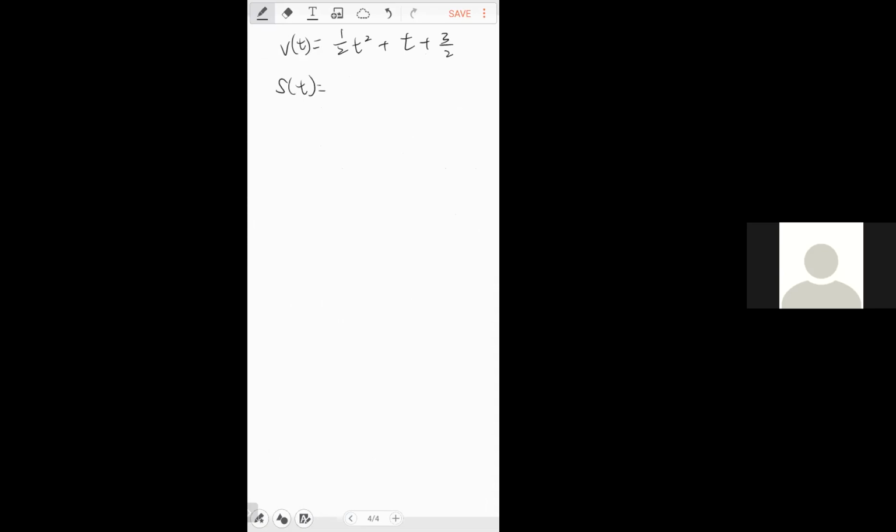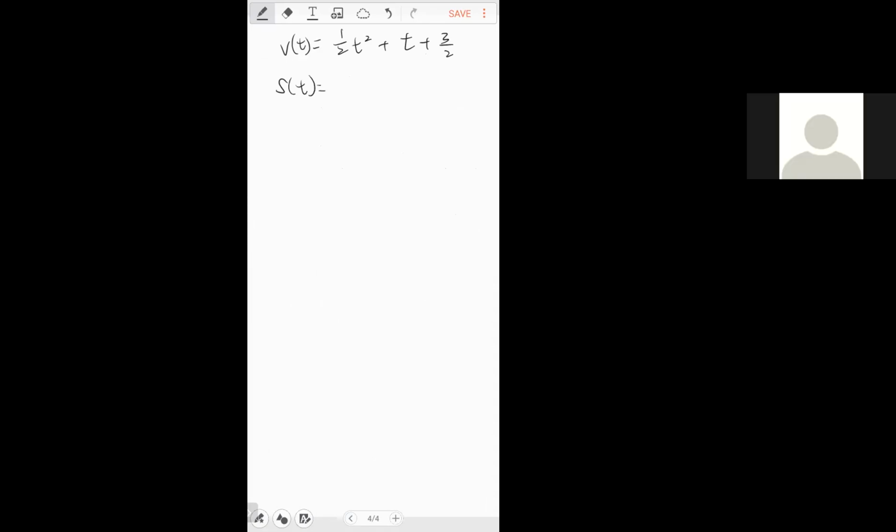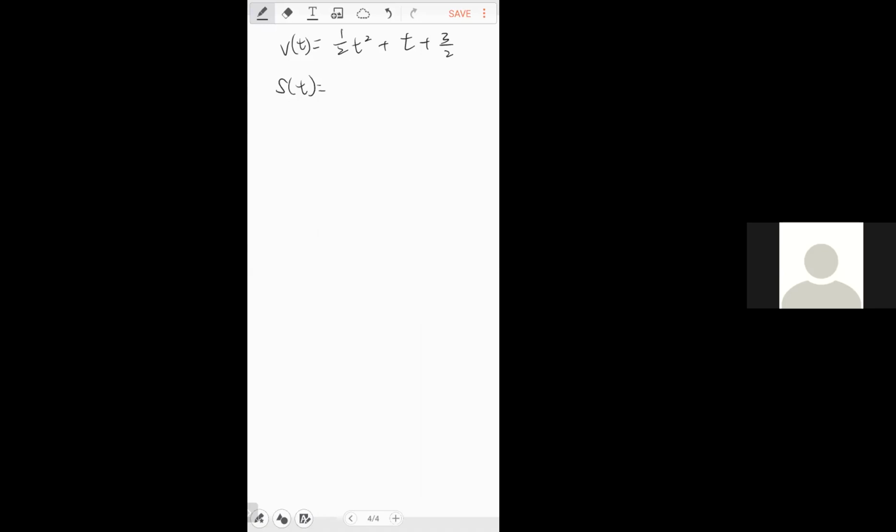So s of t is the antiderivative of the velocity function. Anyway, so 1/2 times t squared plus t plus 3/2, and what is the antiderivative of all those?